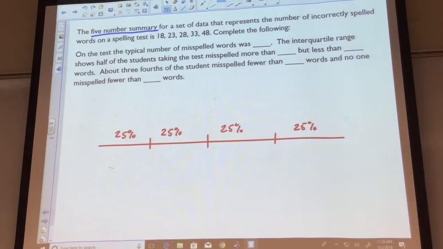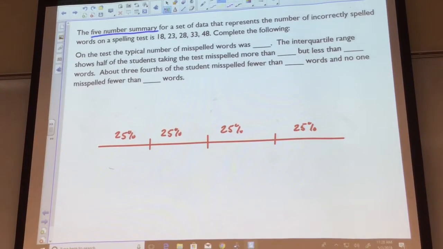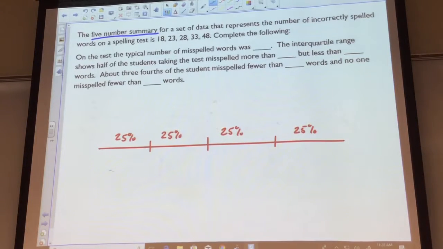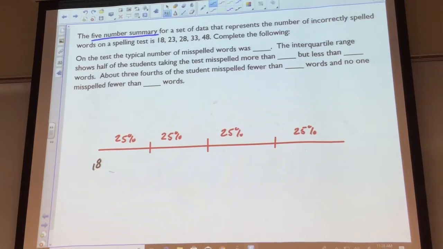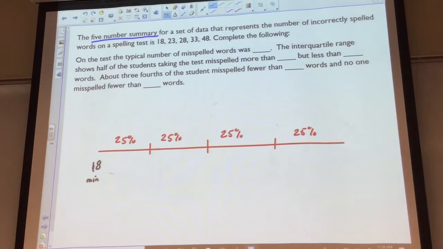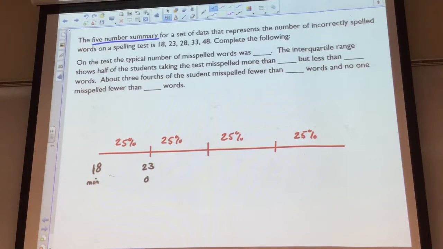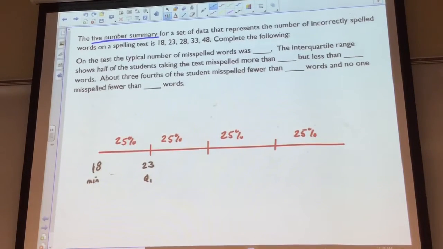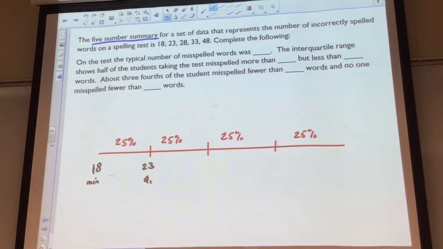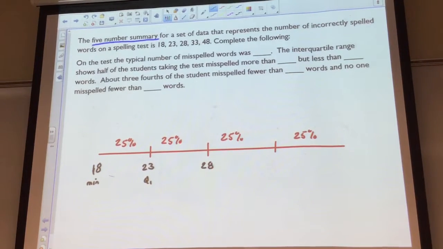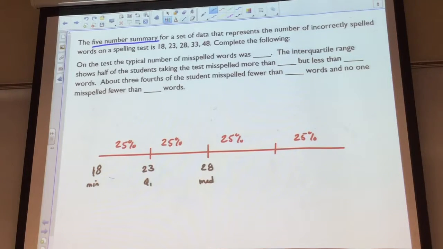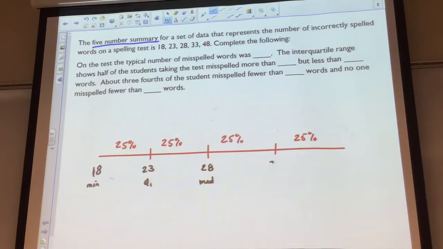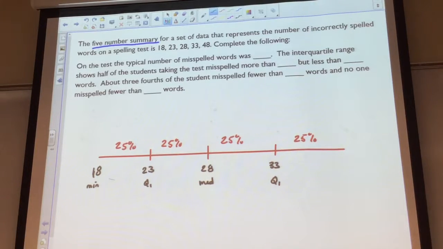That's when they tell you the distribution was normal, and when I read this problem, I don't see anything about a normal distribution. The 5-number summary tells me that 18 is the minimum value, that 23 is the value that sits at quartile number 1, giving us the lower 25%, that 28 is the middle value, which is our median, that 33 is the value that's at quartile 3, giving us 3 quarters, okay?